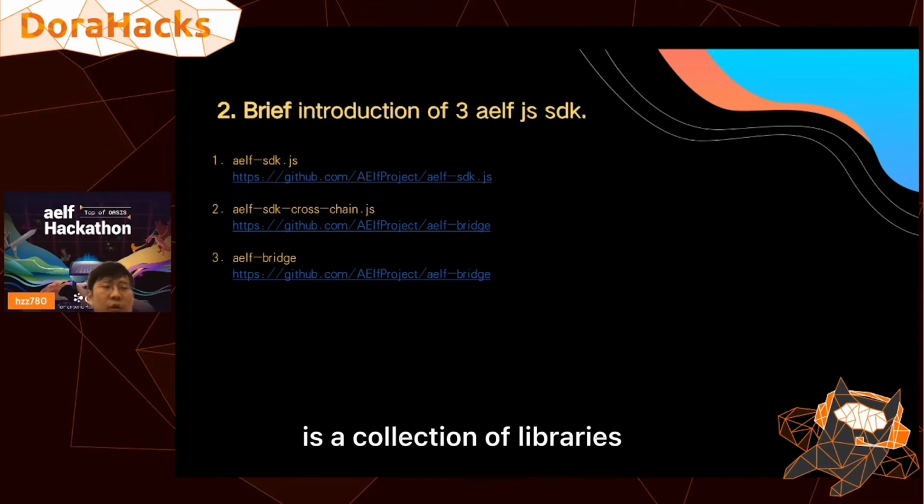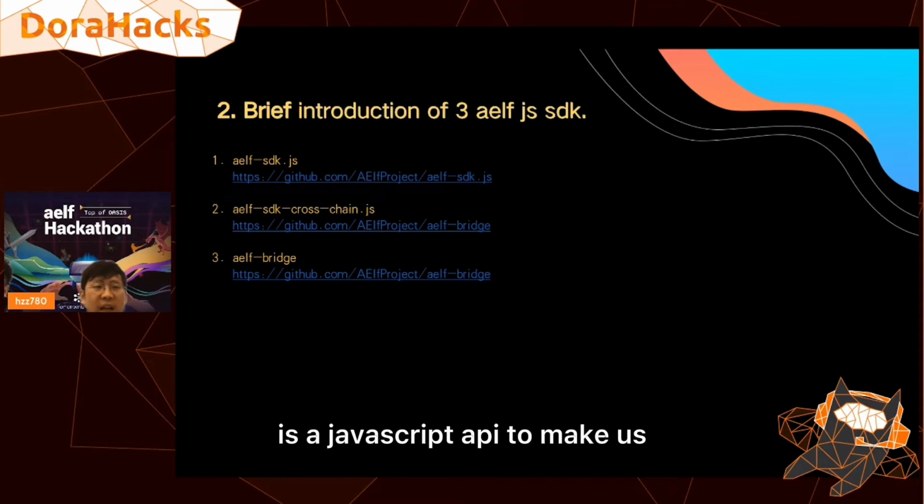It's a collection of libraries which allow you to interact with a local or remote Elf node using an HTTP connection. And aelf-sdk-cross-chain is a JavaScript API to make it easy for us to transfer cross-chain in 3 steps. Elf Bridge is a JavaScript API to let us interact with the wallet app more easily.